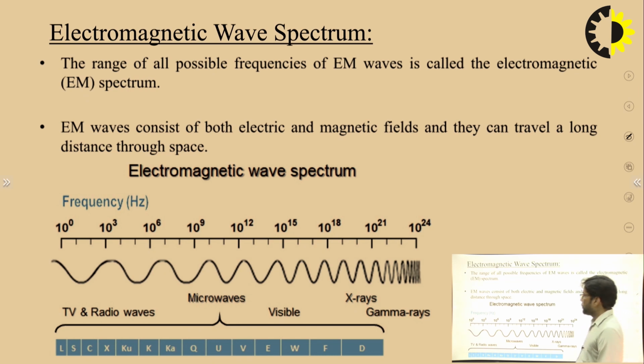This is the range of microwaves, which has certain bands such as L, S, C, X, Ku, K, etc. We will see the applications of the different bands of this electromagnetic spectrum.